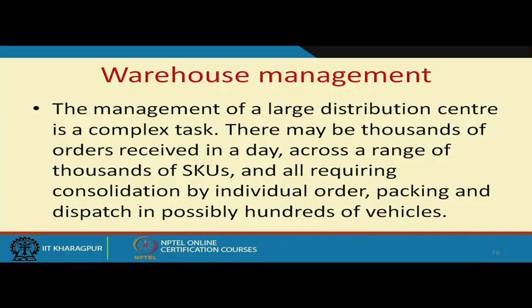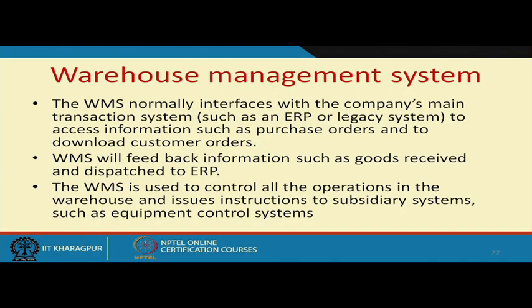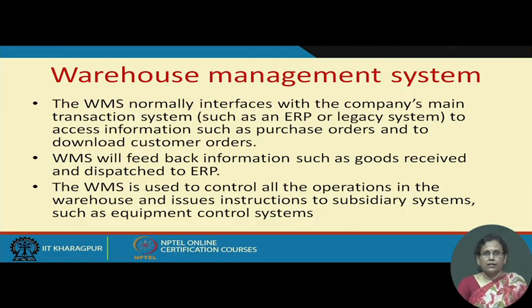Now, to manage such large warehouses, this system has to get the data from the corresponding ERP system. So, this has to be interfaced with the company's main transaction system such as ERP or some kind of legacy system, which has to have the functionality that we have already discussed, to access information such as purchase orders and to download the customer order and so on.